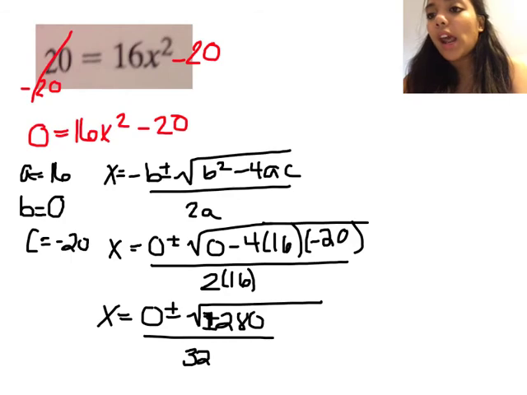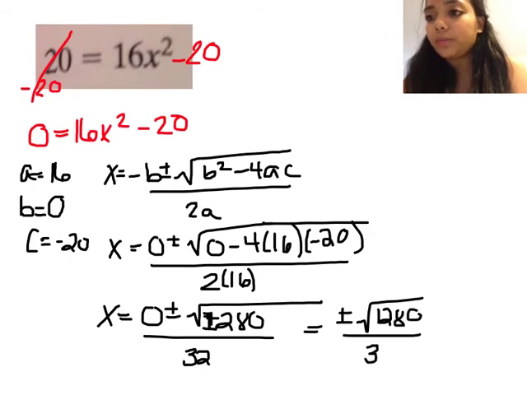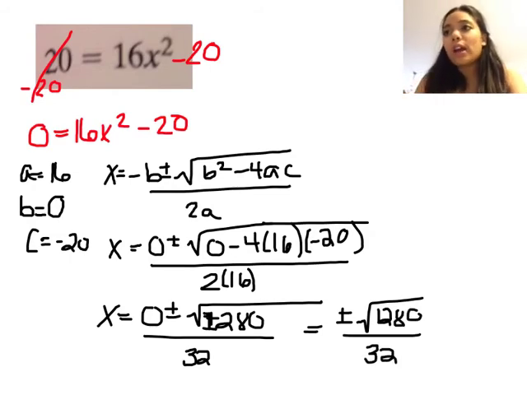So what I'm really going to have is plus or minus the square root of 1,280 divided by 32. What I want you to do now is I want you to pause the video and simplify the radical of 1,280.